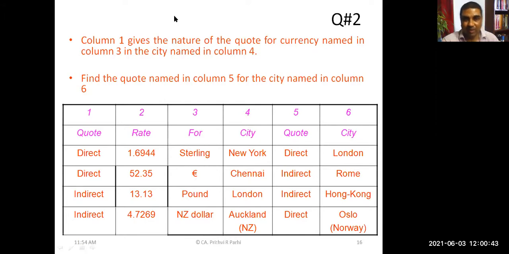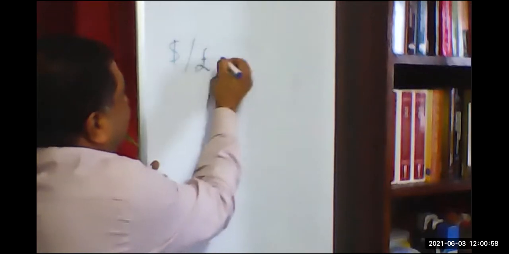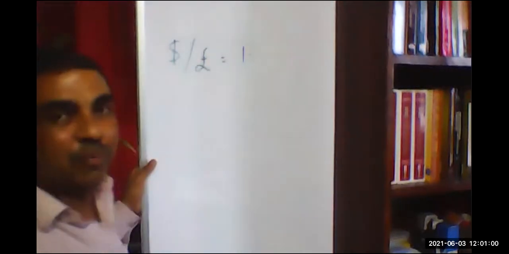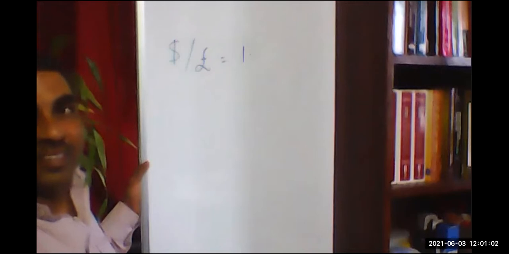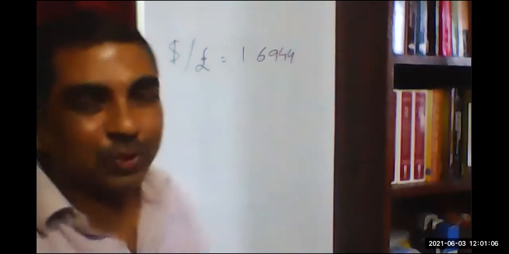So what is told to you is dollar by pound is how much? Please tell me. 1.6944. Okay, once you know that, now let us see what is asked.